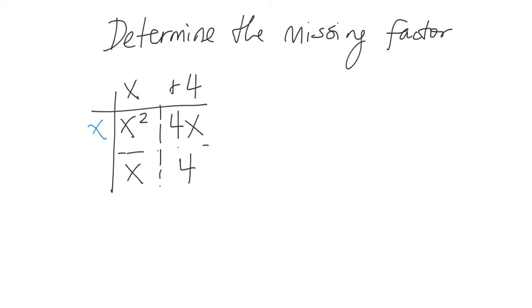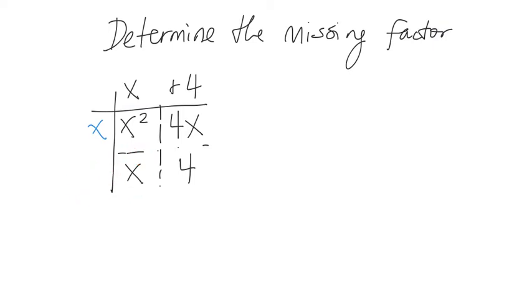Then I look at this box and I see 4x. That makes sense because 4 multiplied by x is indeed 4x. So I know I've got that one right. Then I look down at this box and say, x times what gives me x?